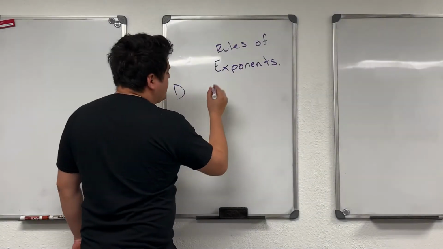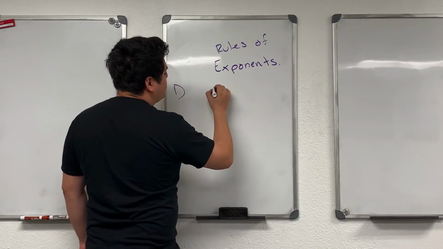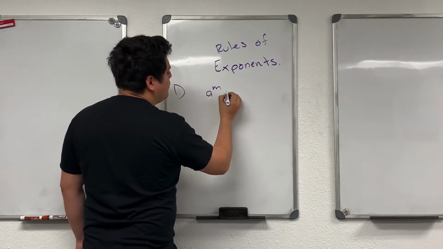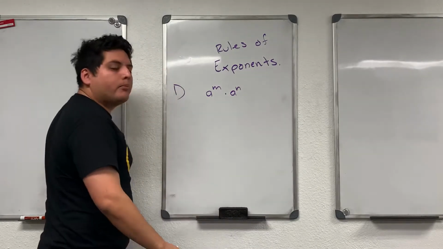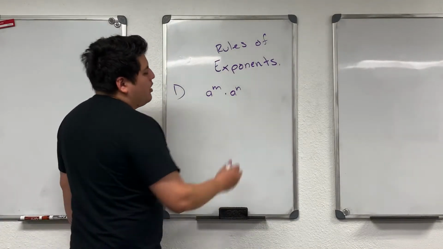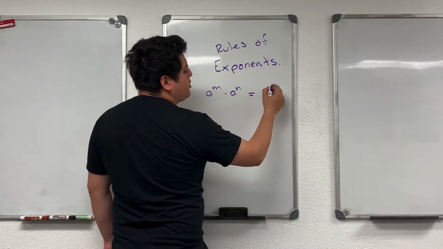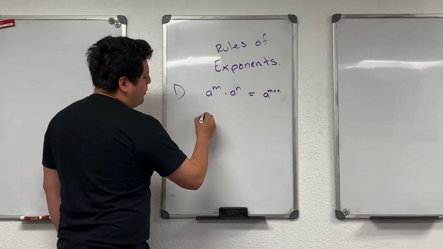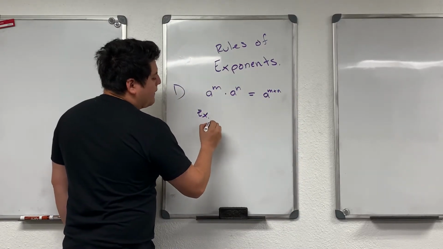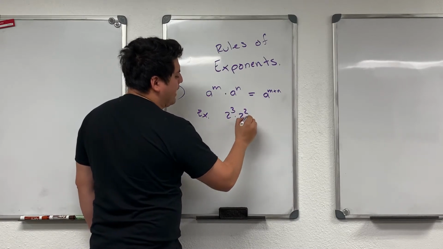If you ever see some number a raised to, let's say, an m being multiplied with that same number raised to another number n, all you have to do is rewrite your base raised to the power m plus n. Let me give you an example. You have 2 to the third times 2 to the second.